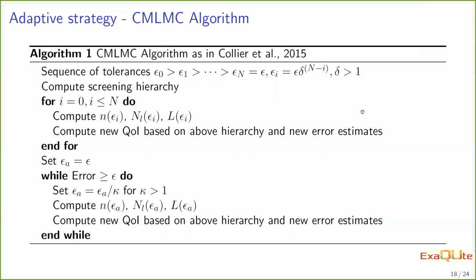As a result, you use this decreasing sequence to adapt your hierarchy iteratively, and so by the time you reach the final tolerance, you're fairly sure of your estimates. The additional caveat is that once you reach the final tolerance, if you still don't satisfy the error, you refine a few more times, and this gives you a hierarchy that satisfies your error criterion.